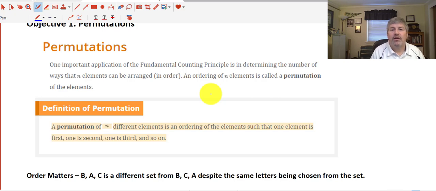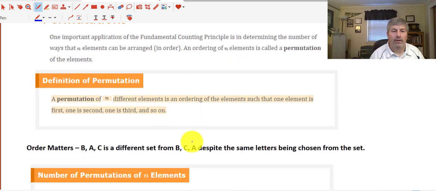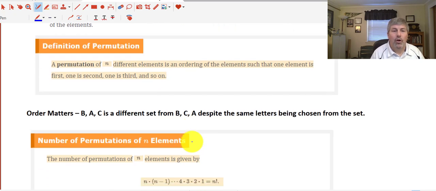An ordering of n elements is called a permutation of the elements. So a permutation of n different elements is an ordering of the elements such that one element is first, one is second, one is third, and so on. In permutations, order does matter.